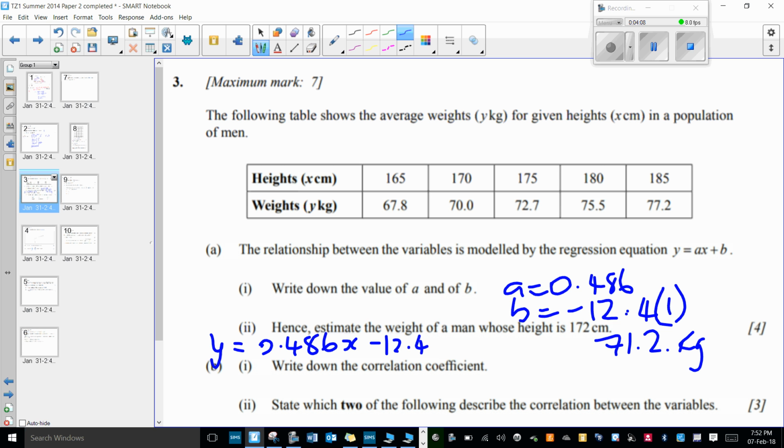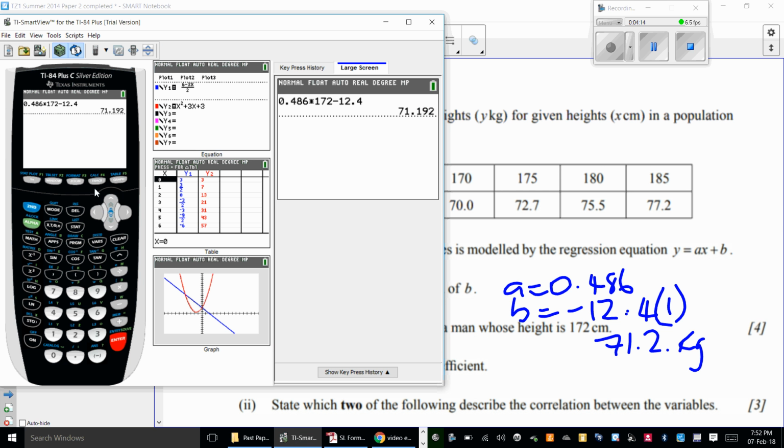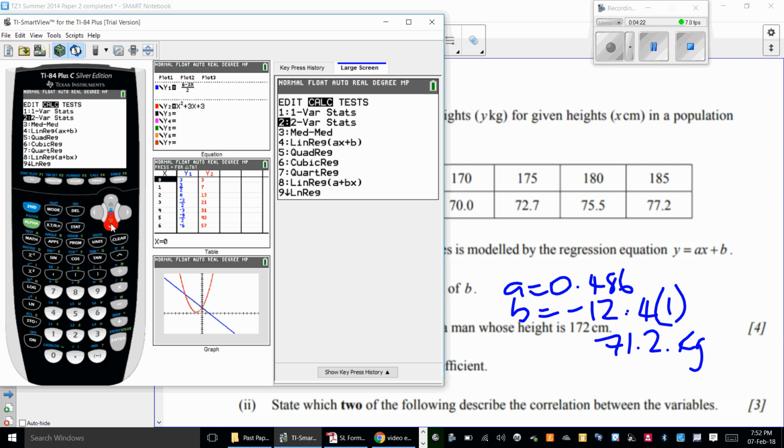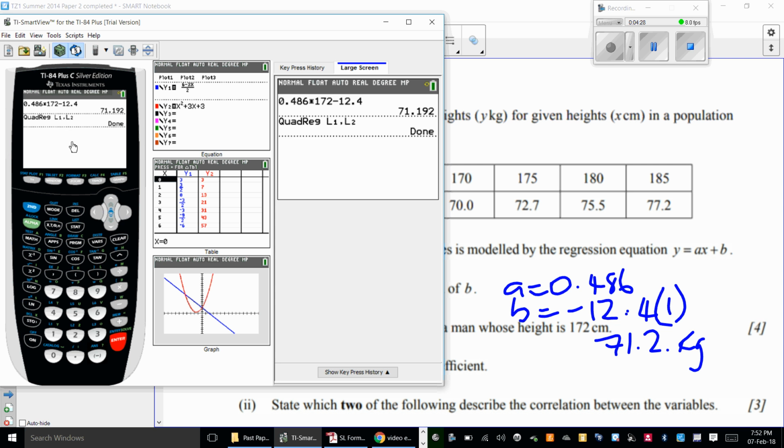Write down the correlation coefficient. Right, okay, so now, do you remember what happened when I did my lin reg? Remember we just got there. Alright, I pressed the wrong button.